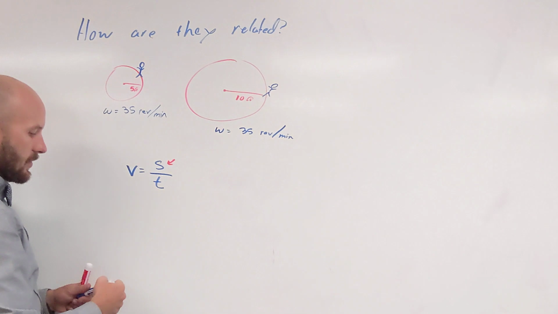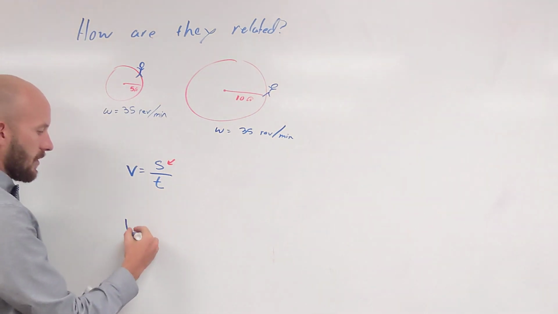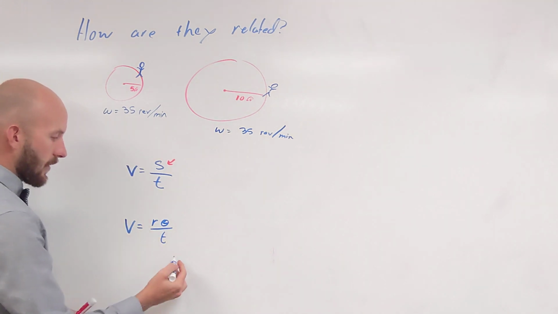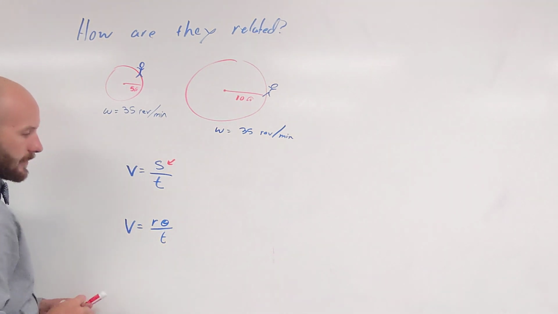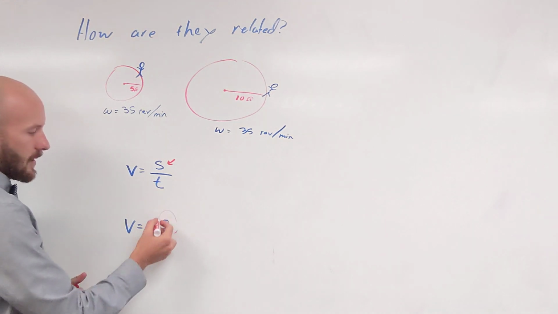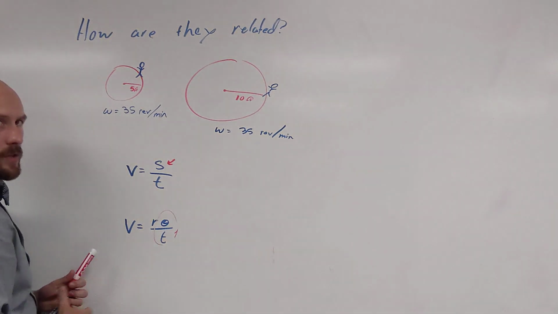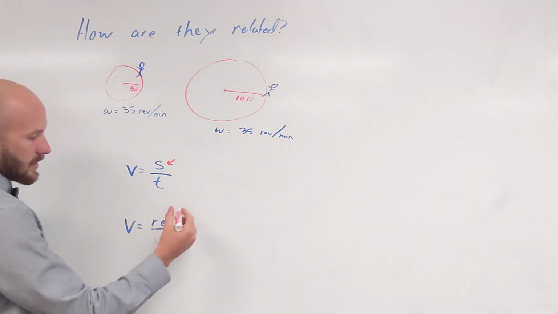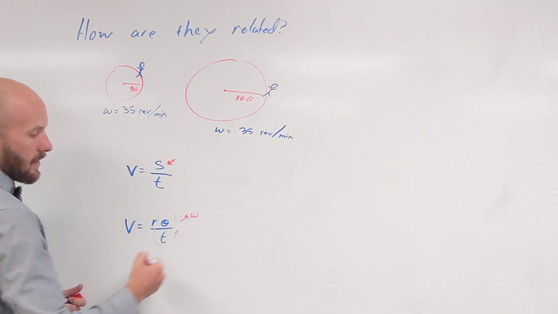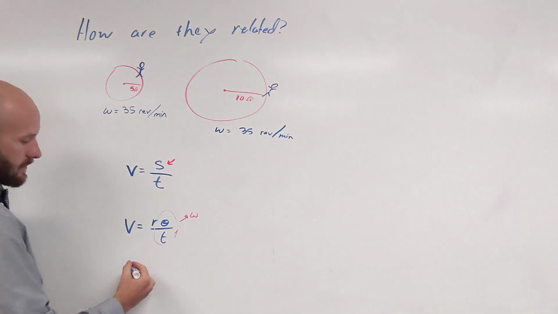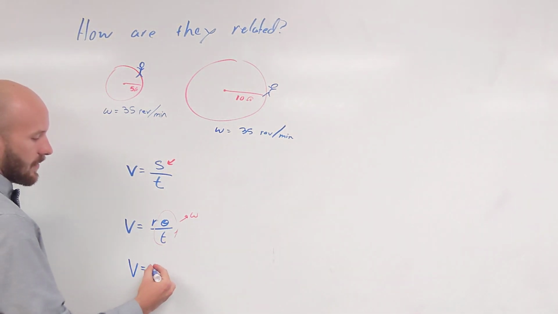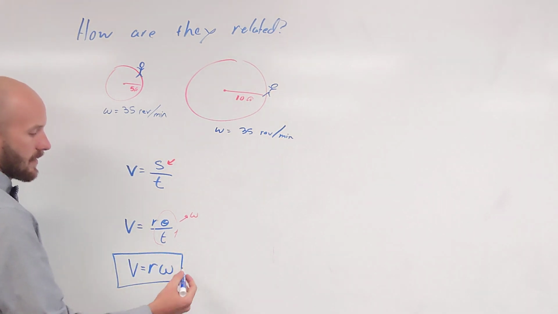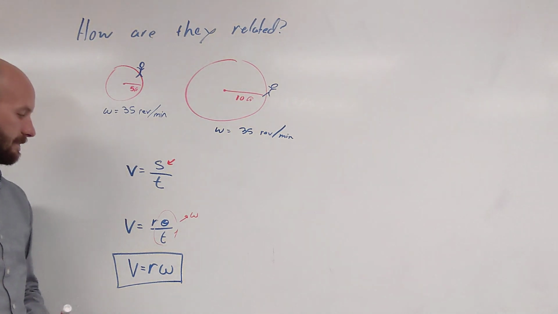So I'm going to do a substitution. Arc length is just r theta, right? Well, theta divided by time is just omega. So I can replace that, so linear speed equals the radius times omega.